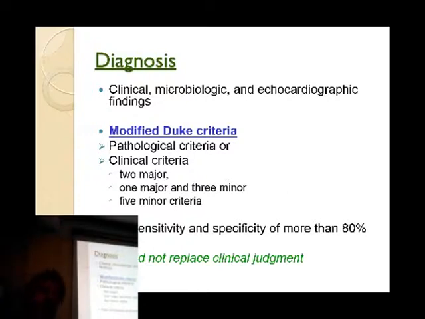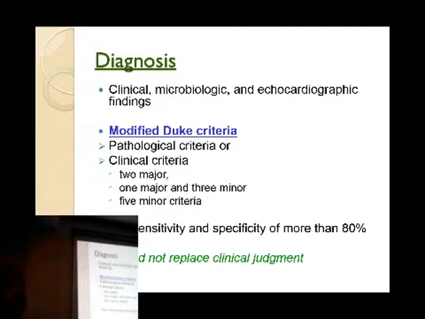So under the modified Duke's criteria, we have pathological criteria and clinical criteria. There are two pathological criteria, I will be describing them later, and there are 5 major clinical criteria.